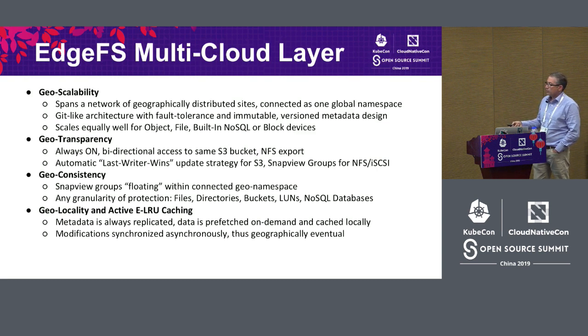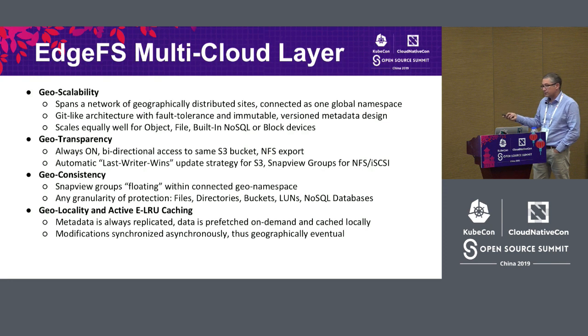The snap view groups is a concept we have for NFS and iSCSI synchronization. For geo-consistency, we have snap view groups, which are literally floating with the connected geo namespace. So what does floating mean? By floating, I mean that when I create a snapshot, let's say in one segment, that snapshot will transparently be available in the other segment.